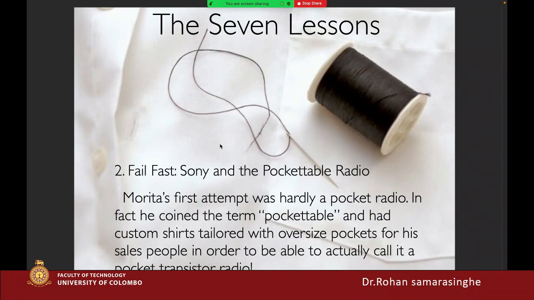Second one is fail fast. Sony and the pocket transistor radio: Akio Morita is the one who introduced the Walkman to the market.